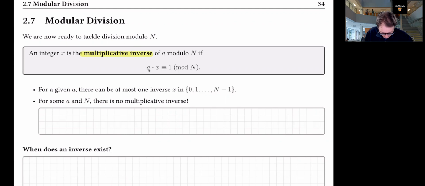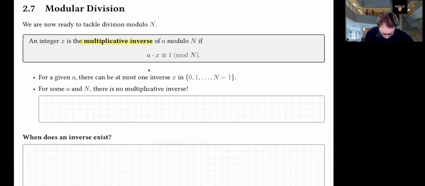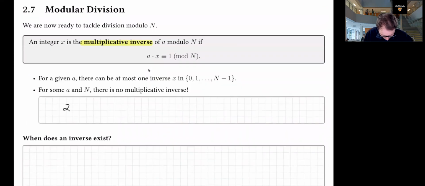One example is take 2x, and there's no way 2x is ever equivalent to 1 mod 4.